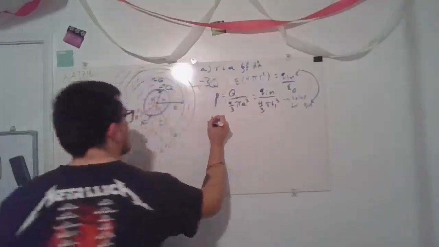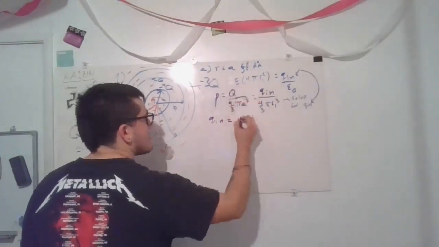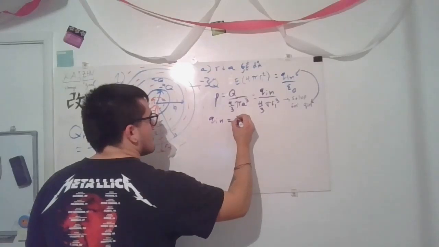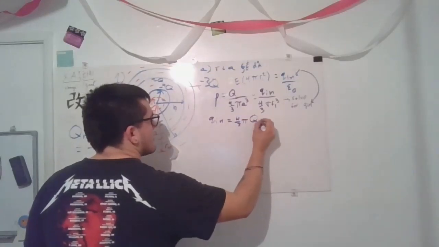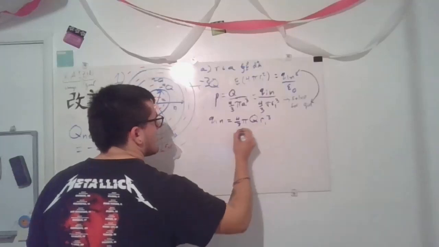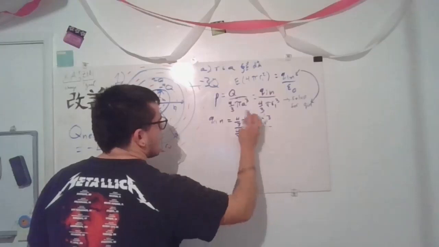So now Q enclosed, multiply this over, is going to be 4/3 pi Q R1 cubed over 4/3 pi A cubed.